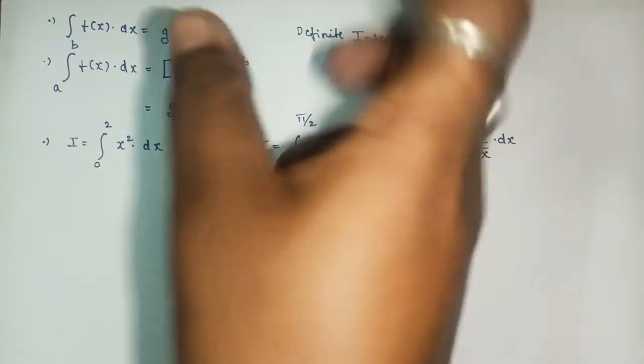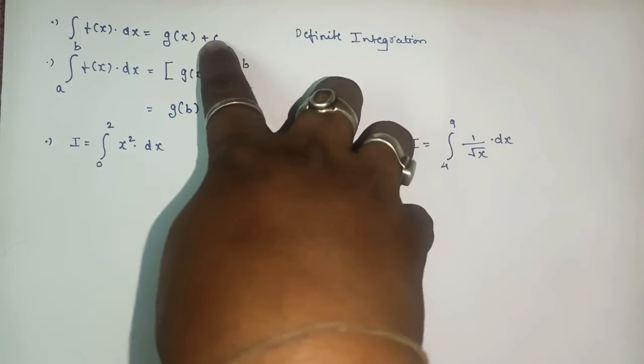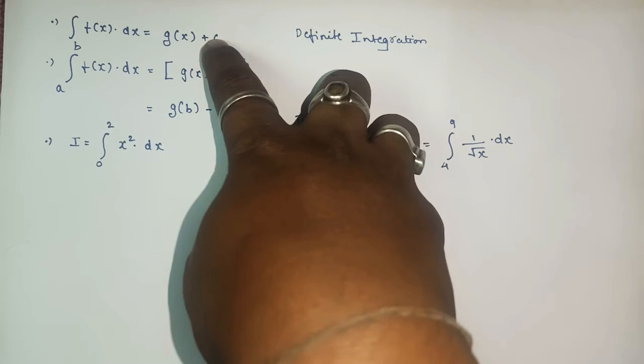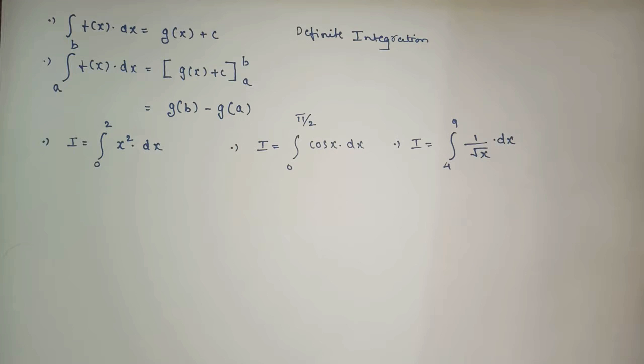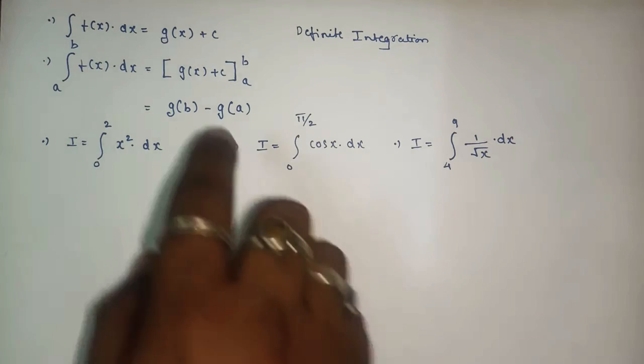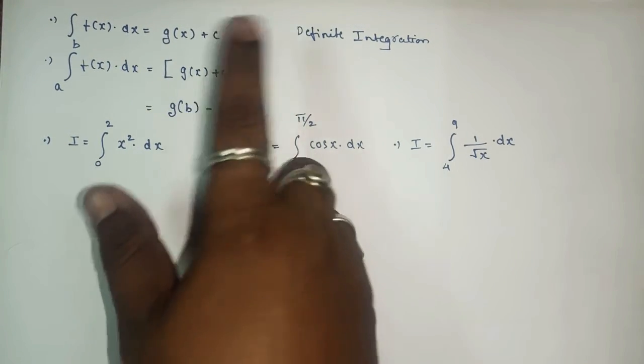So here c is the integral constant, we can say. And here there is no need of writing or considering c, because anyhow the value of c will get eliminated here.